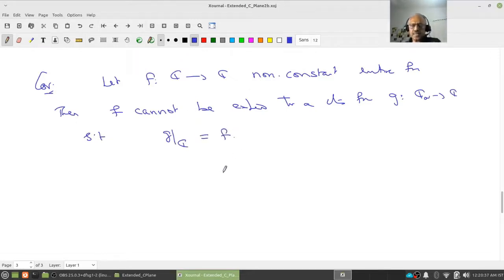That is, I cannot define f of infinity as a complex number such that f becomes continuous at infinity. Why? This is by Liouville's theorem.